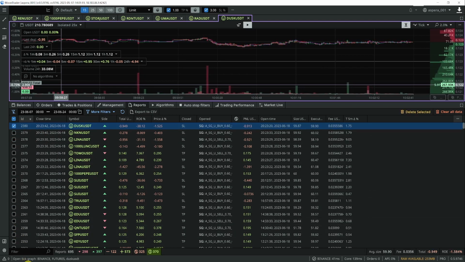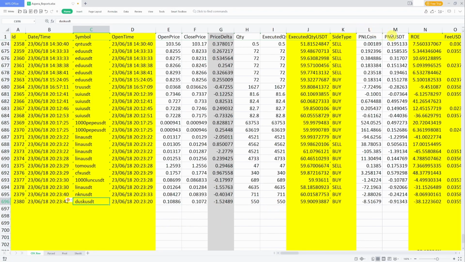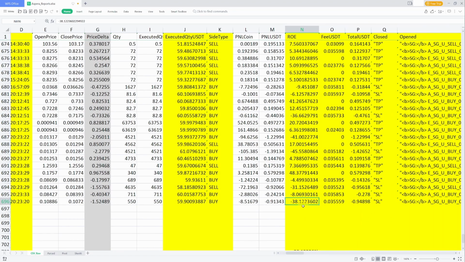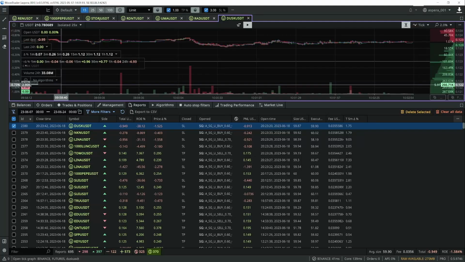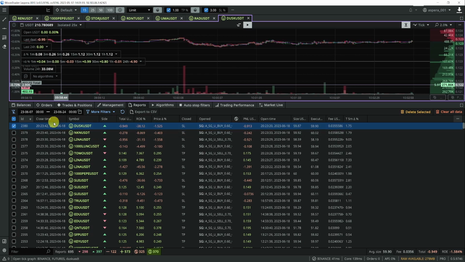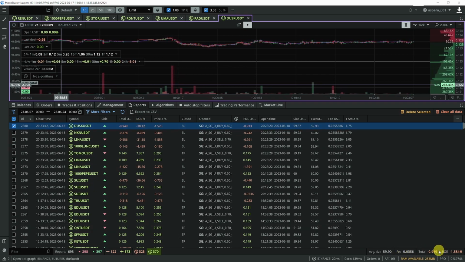So for the ROE column in the reports, what I see is minus 38.122. Okay, going back to the terminal, here it is, minus 38.122, but below that, we also have something called ROE, confusingly so, and it's a completely different number. It's minus 1.584.